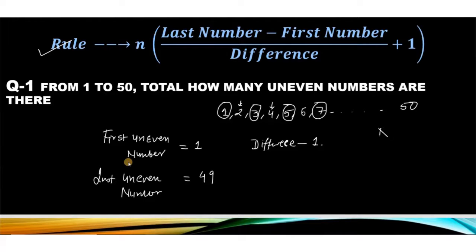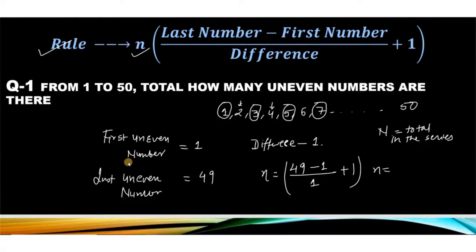And here n means the total number in the series. So here it is n. What is the last number? Last number is 49. What is the first number? First number is 1. What is the difference? Difference is 2. So n is equal to (last minus first) divided by difference, plus 1.